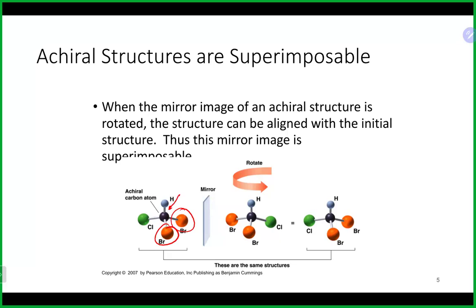Because of those two bromines, when you take the mirror image, you have a better chance of rotating it in a way where you have two things that are the same. They're going to match up, and you can take the mirror image with a little bit of rotation and it will fit perfectly on top of the other.